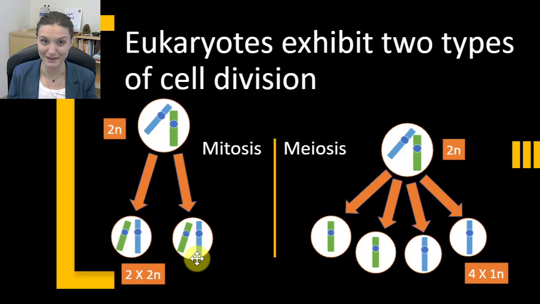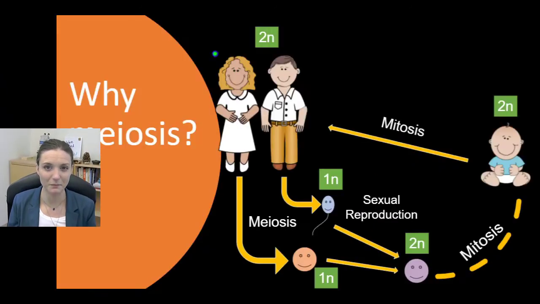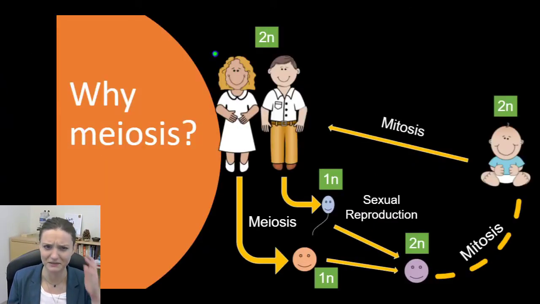In mitosis, we make exact copies. But why meiosis? It seems like a kind of weird thing to do, right? Meiosis is what forms these haploid gametes. Then, during sexual reproduction, these haploid gametes recombine to form a diploid offspring. Now this new diploid offspring has genes in a combination that has never been seen before.